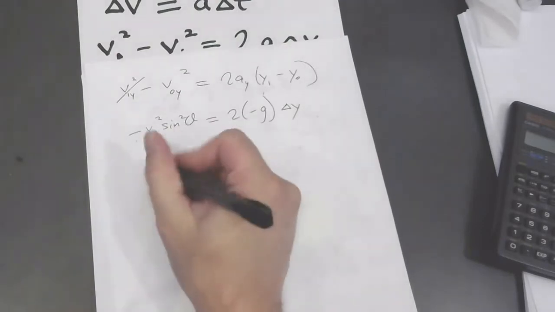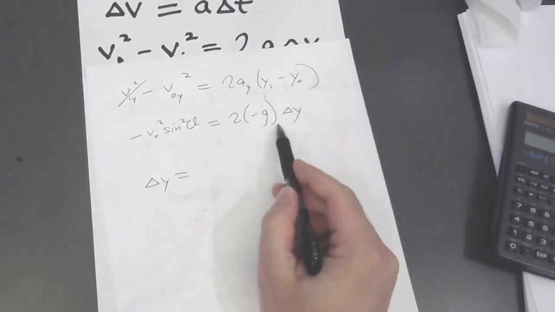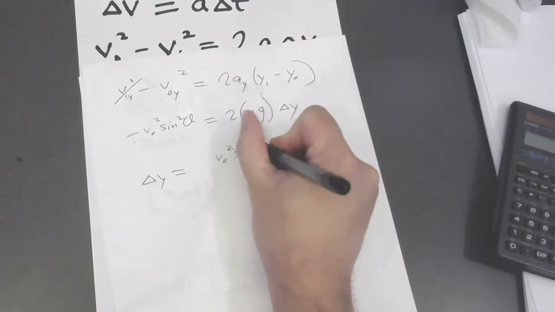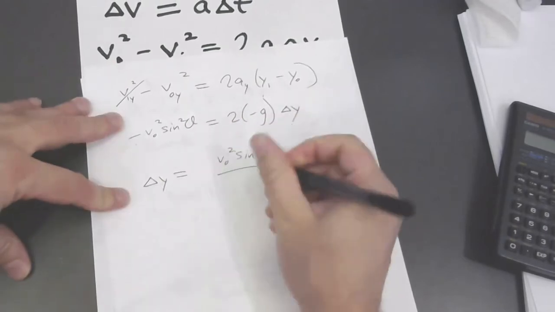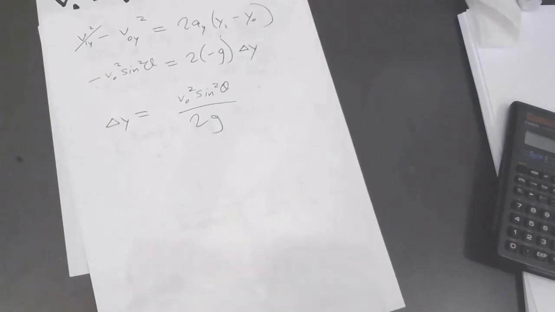Okay, so delta y, it seems, is, let's just divide by 2g. V naught squared sine squared theta over 2g. And now we can plug in numbers.